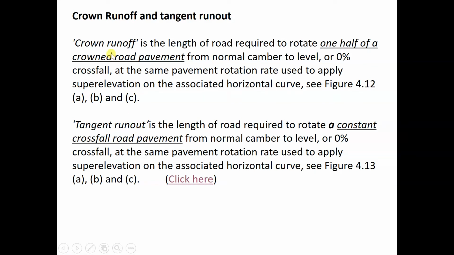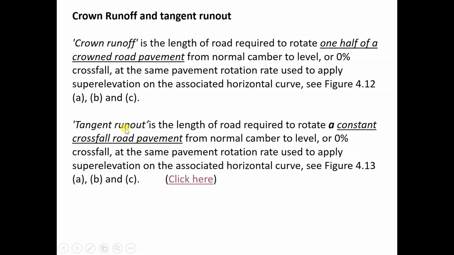So that means if you have the normal crown, normal camber, you have the road cross section sloping from the center line towards the two edges. For that type of road, we usually have this crown runoff.